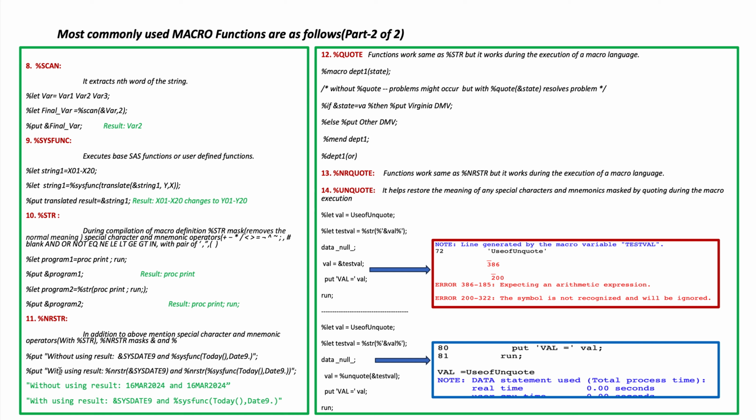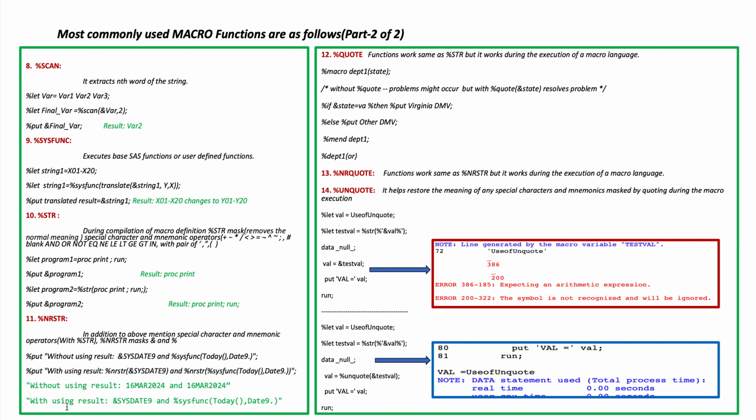And the second one is where we are going to use %NRSTR. What is the difference? The difference is here. Without using %NRSTR, we get today's date, 16th March 2024, and here also 16 March 2024.